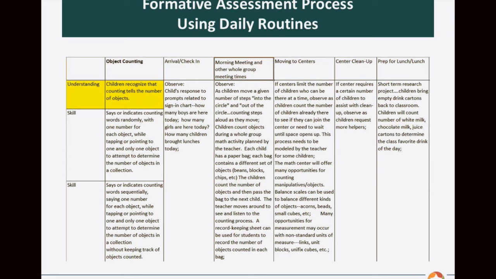The construct, again, is object counting. So during arrival time, you could listen to children's responses to prompts related to a sign-in chart, such as how many boys are here today or how many girls. At lunch, children might bring their milk cartons back to the class to determine the class's favorite drink of the day. How many chose white milk? How many chose juice?